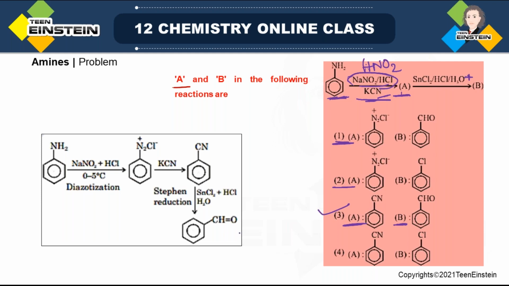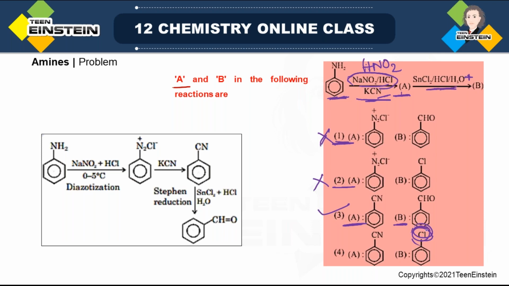And remember, even if you do not know Stephen reduction, you can still answer this question, because these two options we have already cancelled, right? And you are left with option 3 and 4. Now, if you are not able to understand which group will be produced by this reagent, at least you know that for synthesis of chlorobenzene, we do not use this type of reagent.